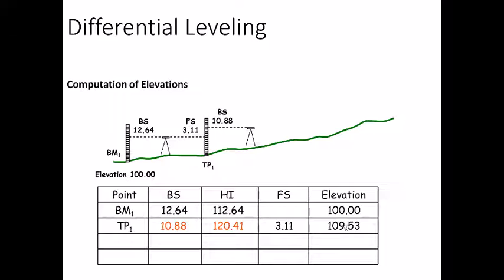So 109.53 plus 10.88 becomes 120.41, your new height of the instrument. Now we can find the reduced level of the next point, TP2. From the height of the instrument in the second setting, 120.41, you subtract the foresight, 2.56, and you get 117.85.